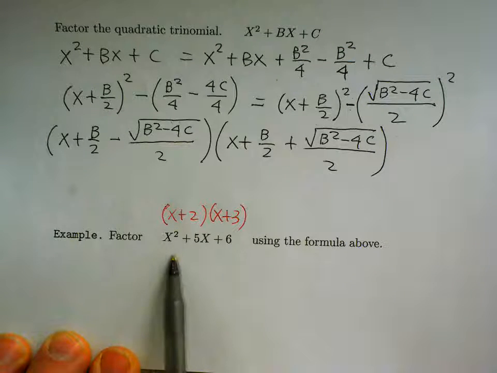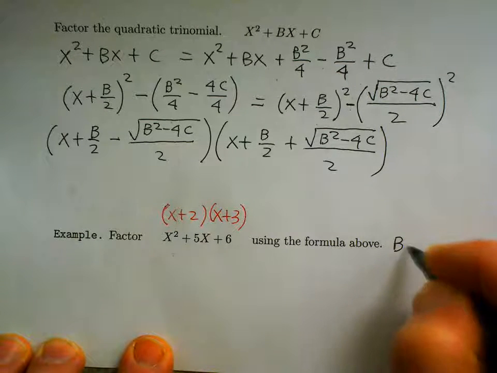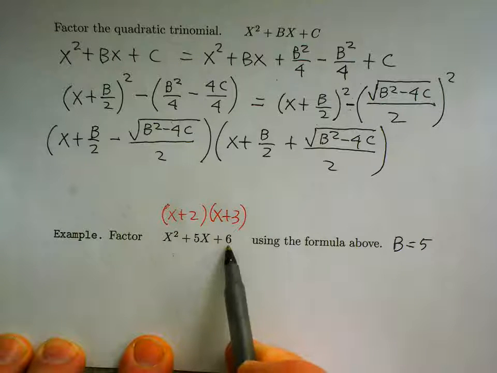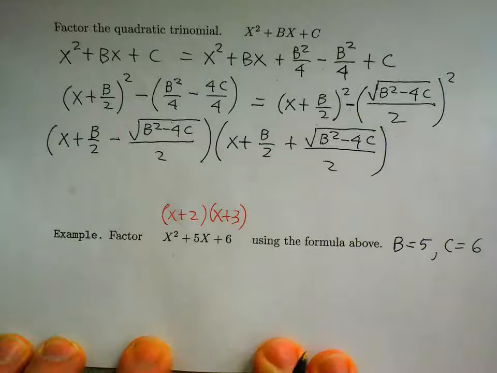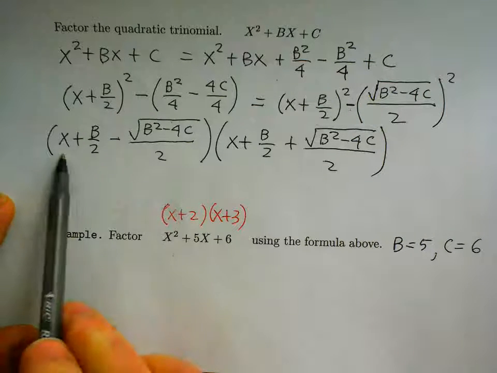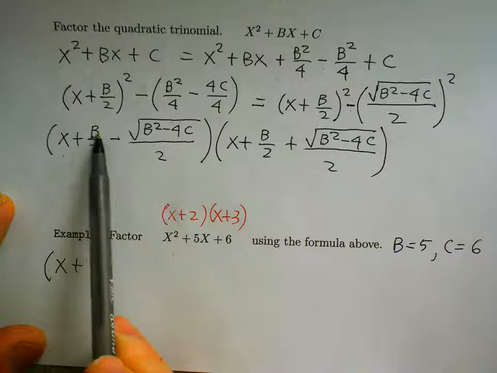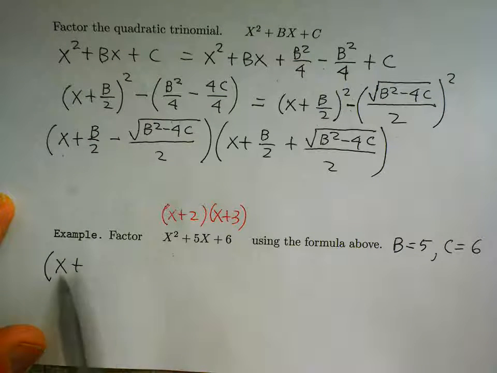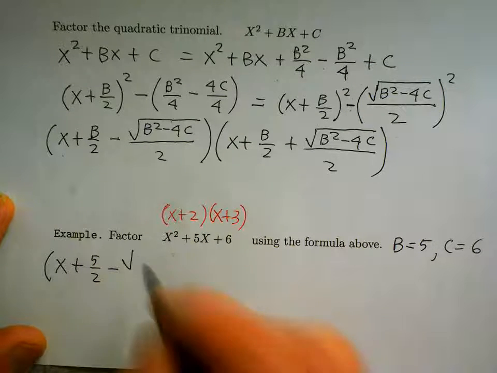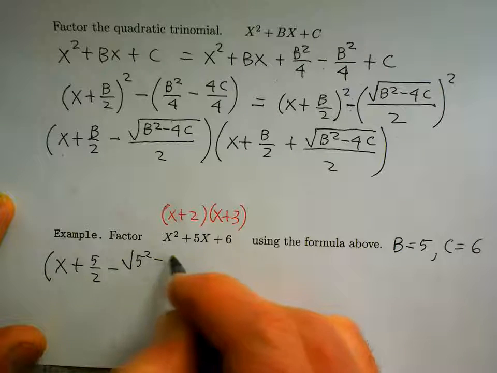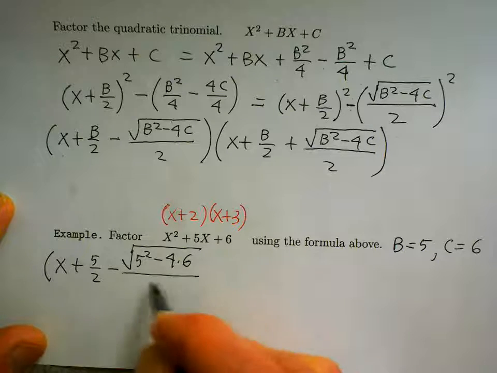So for this polynomial, x² + 5x + 6, our value of b is 5, and the value of c is 6. So in our factoring formula, we will replace b with 5, so we get x + 5/2, and then minus the square root of 5² − 4 times 6, all divided by 2.